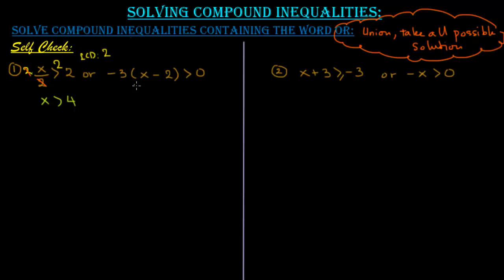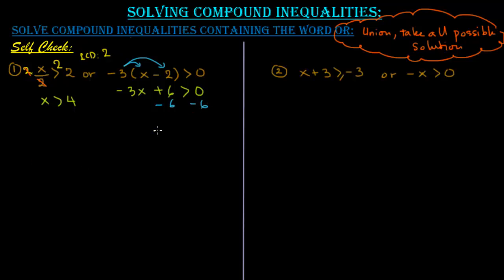And on this side we have negative 3 times x minus 2 greater than 0. So what we're going to do is distribute the negative 3, which will give me negative 3x plus 6 greater than 0, and isolate the x, subtract 6 on both sides.